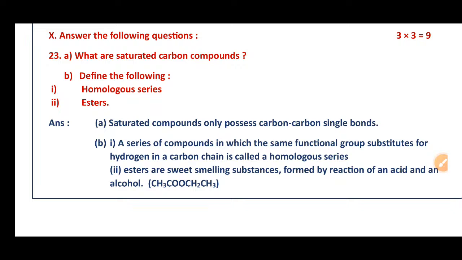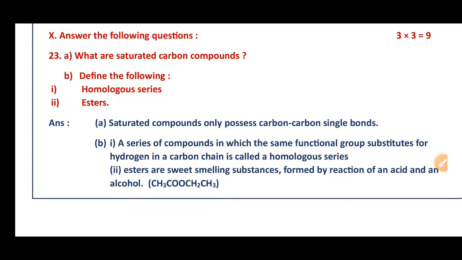Define the following, 2 marks. And what are saturated carbon compounds? 1 mark. Saturated compounds only possess a carbon-carbon single bond. Then B. Define the following. Homologous series: a series of compounds in which the same functional group substitutes for a hydrogen in a carbon chain.